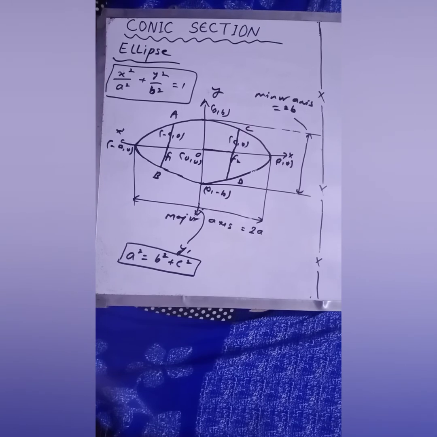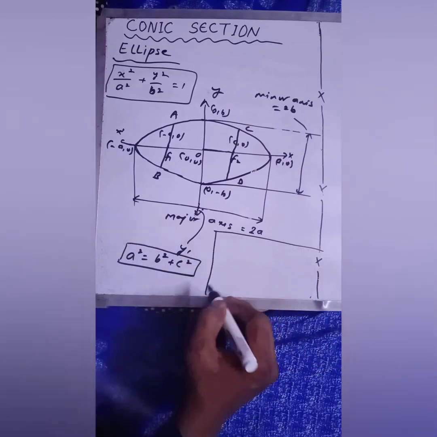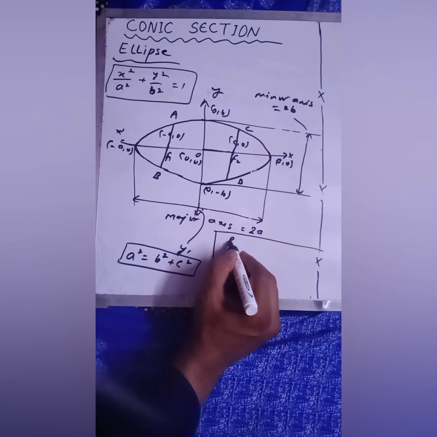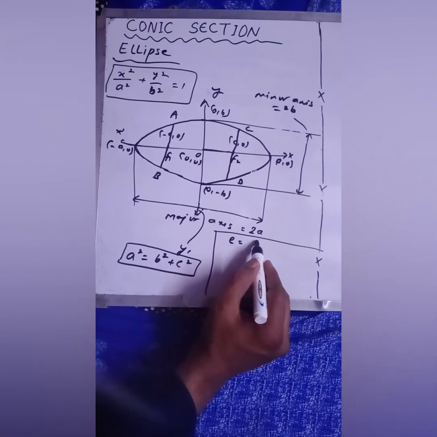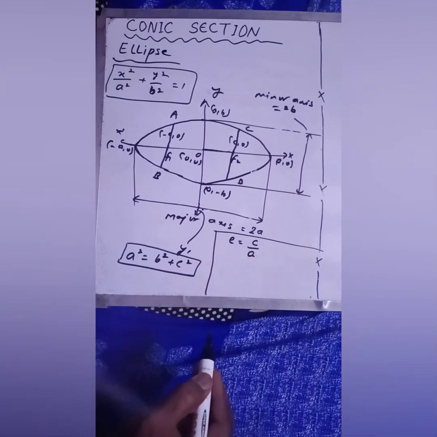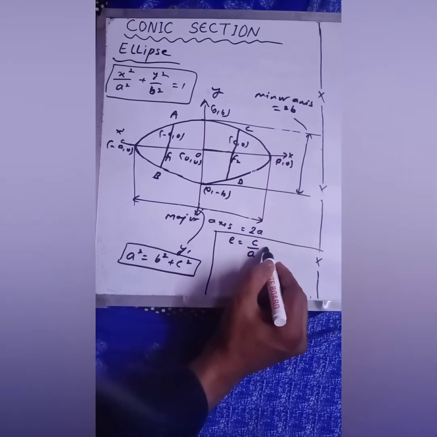Now children, you have to learn two formulas. Next thing is your eccentricity. Eccentricity is represented by the small e. The formula of eccentricity is c by a. This is a formula which you have to learn.